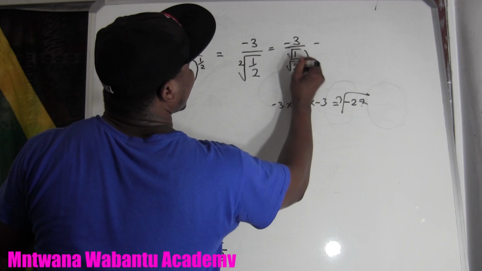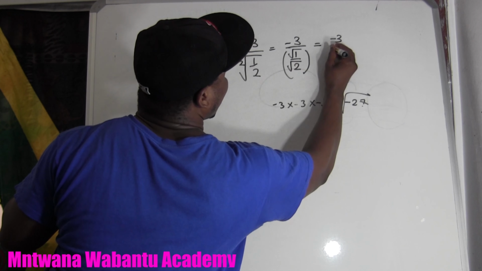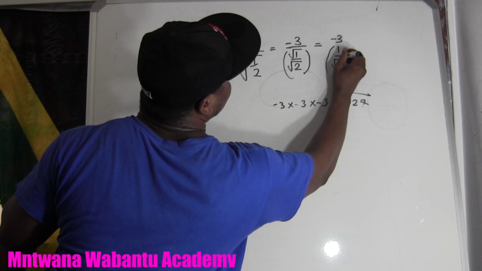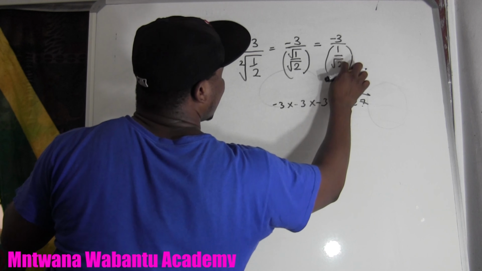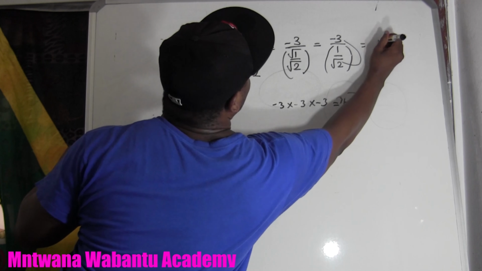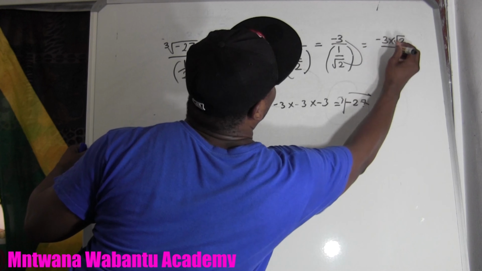Now we have this here. Negative 3, and when you take the square root of 1, you get 1, and this can be the square root of 2. Now this is going to go to the top. Take this to the top. So it's going to be negative 3 times the square root of 2 over 1.